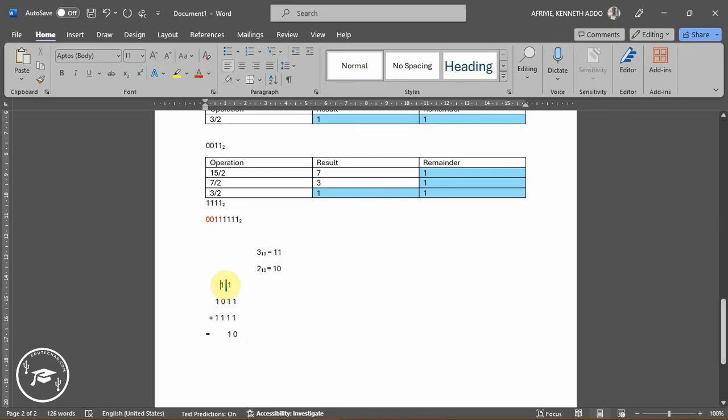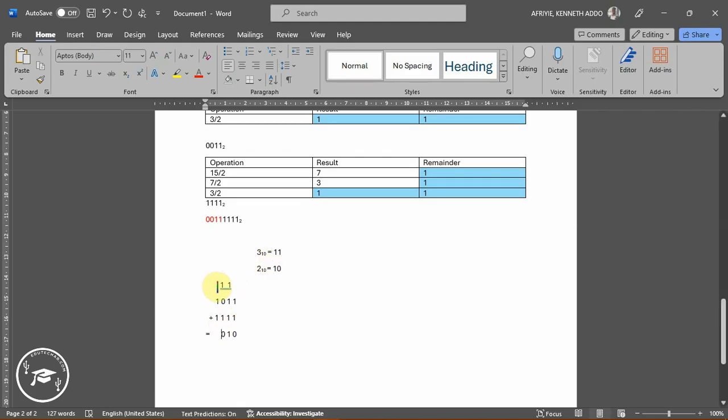So now we still have our 1 plus 0, which is still 1. Then 1 plus 1, we get what? 2. And 2 here is what? 1, 0. So 1, 0, we write the 0.